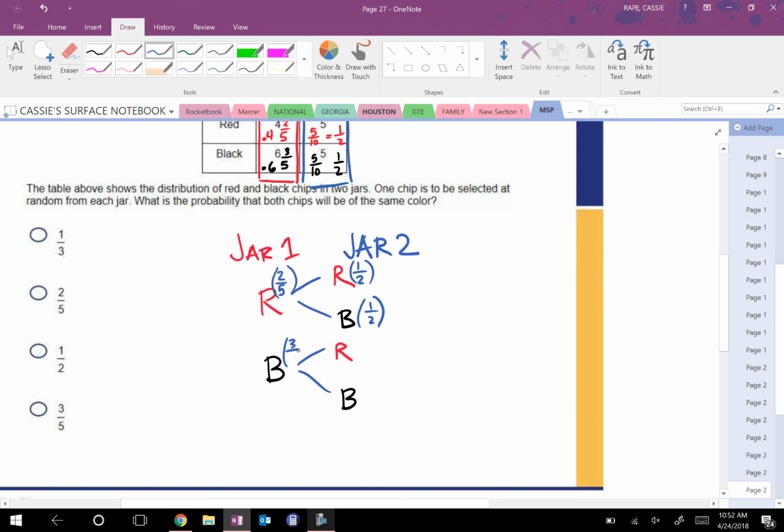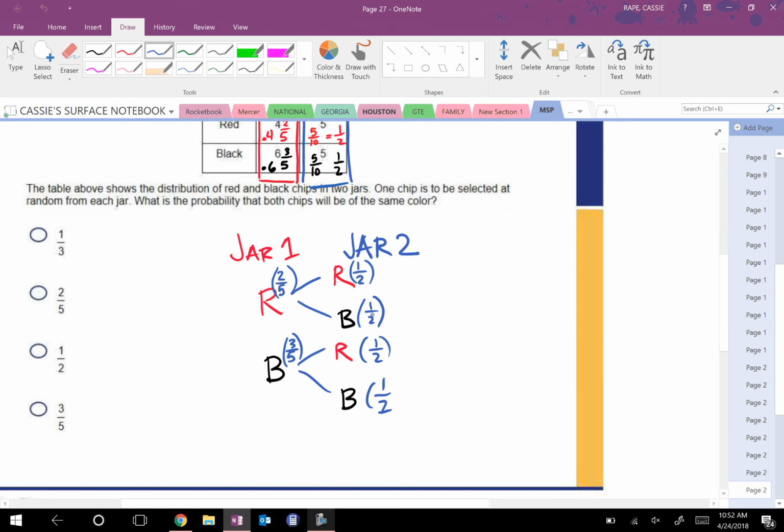Whenever you've got a branching, check that 2/5 plus 3/5 adds up to 5/5, which is 1 or 100%. You only add up things that are on the same branches. So 1/2 plus 1/2 for jar 2 is also 1.